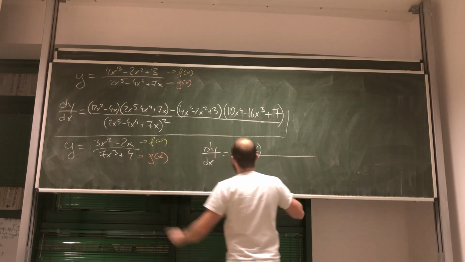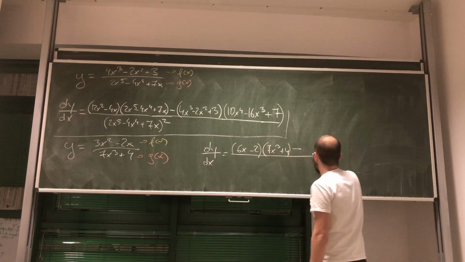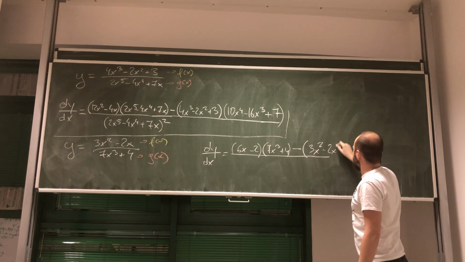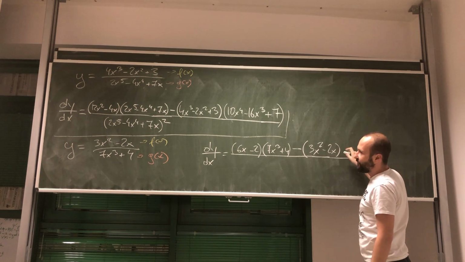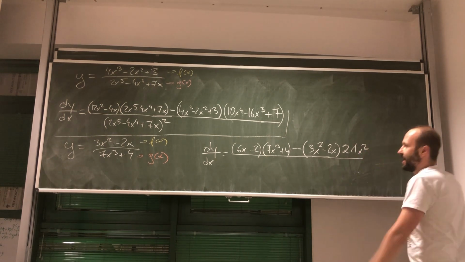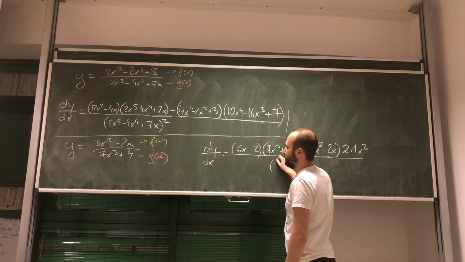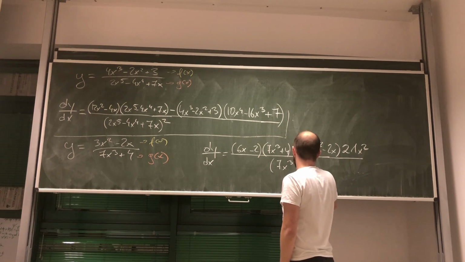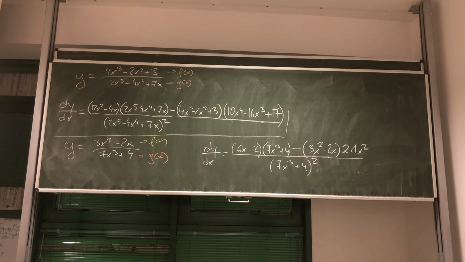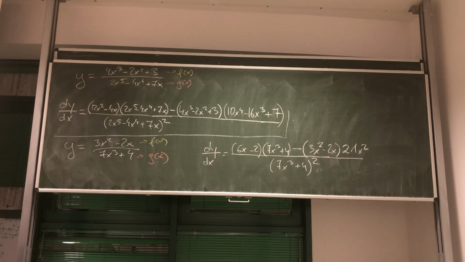Then I rewrite the second function, 7x to the power of 3 plus 4. Then, minus, I rewrite the first function, and I calculate the derivative of the second function, which is 21x squared. Then I take the g function and raise it to the power of 2. Okay, this is how we use the quotient rule.